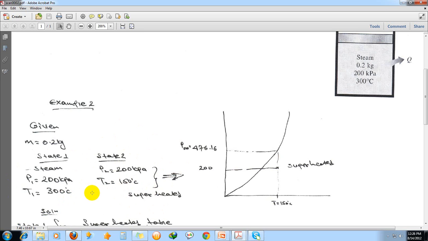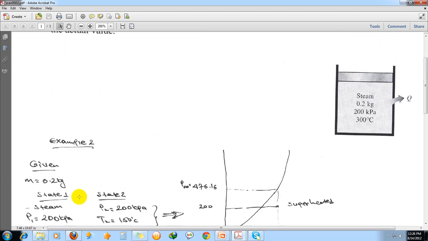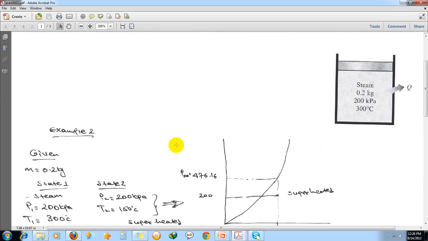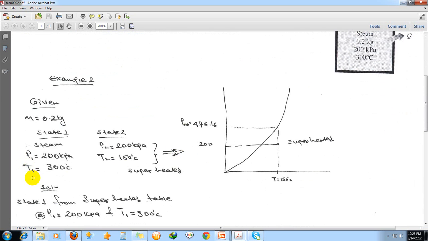Now the asked question is to determine the volume change, which means first we have to determine volume 1 using these two properties.